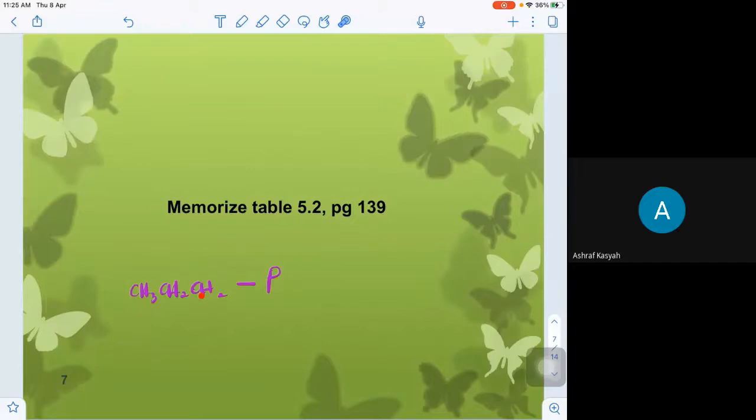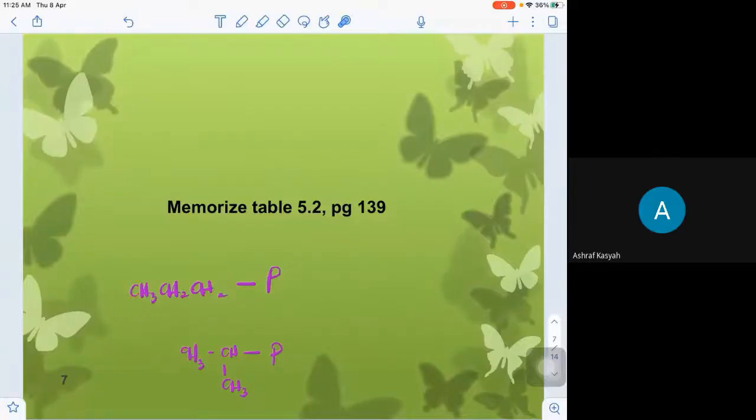But if we have three carbons as well, but their arrangement is different, CH, CH3, CH3, see the difference. Three carbons in a straight chain, and three carbons in a branch.